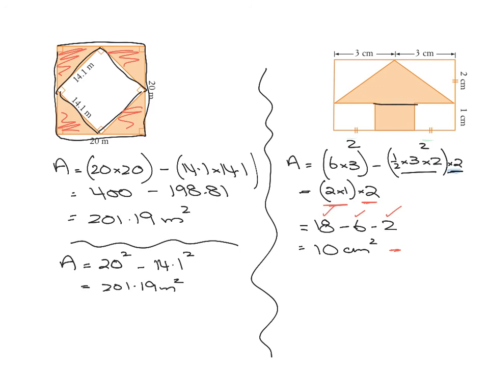You could do it as 1 large triangle and a rectangle, knowing that this is 6, you have a height of 2, this is 1, and because this is 2 and 2, I've still got those 2's written there, and the whole thing is 6, then this has to be equal to 4. So you do actually have 6 by 2 for the triangle and 4 by 1 for the rectangle, and then add the two together. It's up to you.